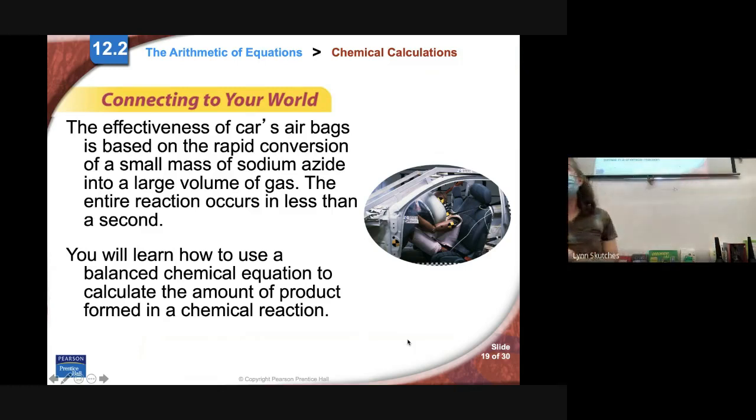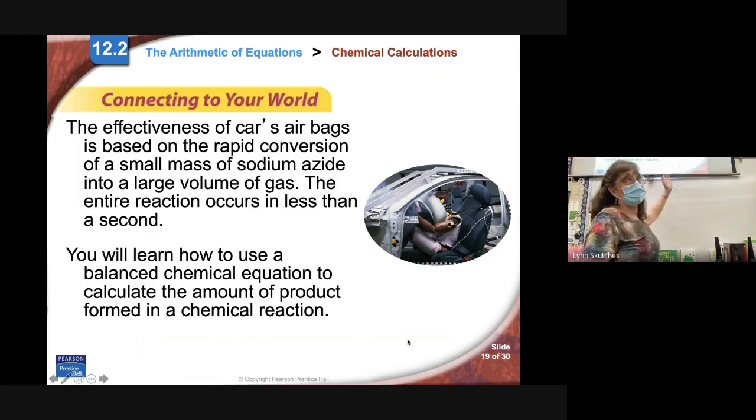The example that they have is the chemical reaction that causes airbags to inflate. There's some chemical called sodium azide. It doesn't matter what it is, but you have to have the right ingredients to make the right volume of final product to inflate the airbag properly. Too little reactants, the airbag doesn't inflate enough, you smack your face on the steering wheel.